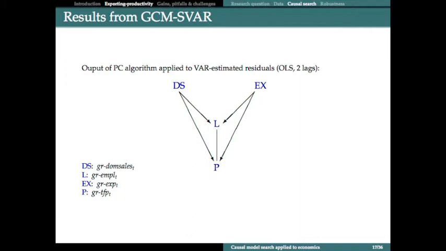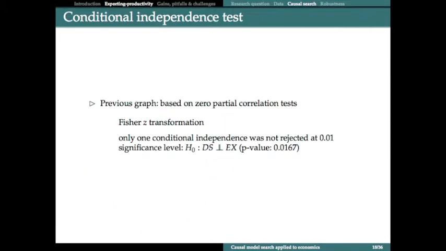So I ran the PC algorithm using an R package, and I get this. Of course, it's based on a conditional independence test. The conditional independence test here is the test of zero partial correlation, based on the Fisher Z transformation.